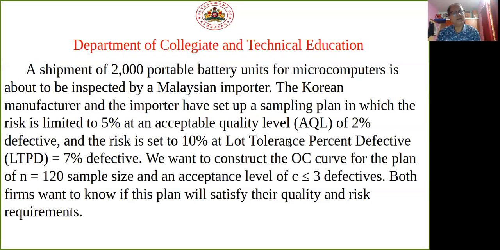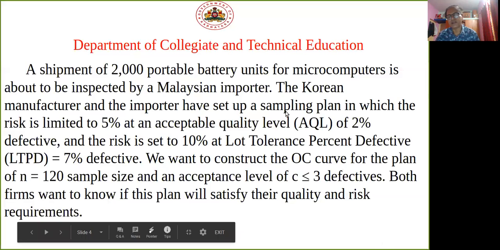Here the shipment will be around 2000 items, and out of that they have selected a sample size n equals 120, and they have set the AQL, the acceptable quality level, and the lot tolerance percent defective at 10%. The manufacturer says that this shipment may contain 2% defectives.